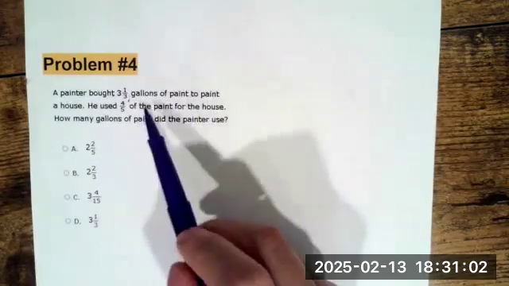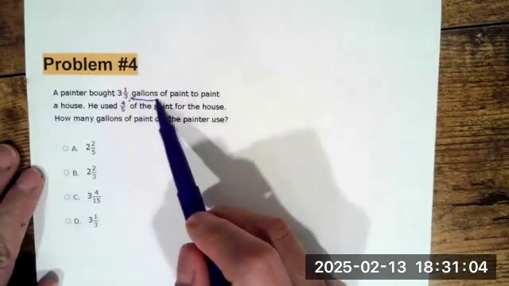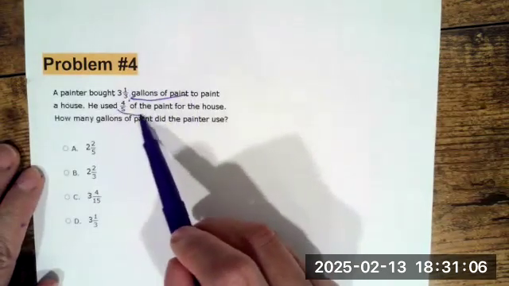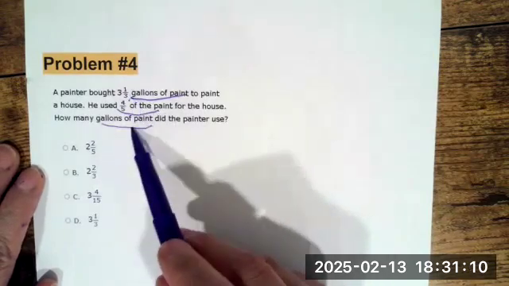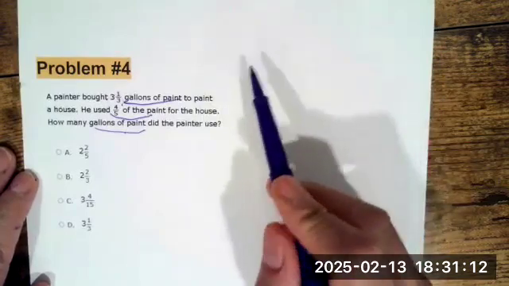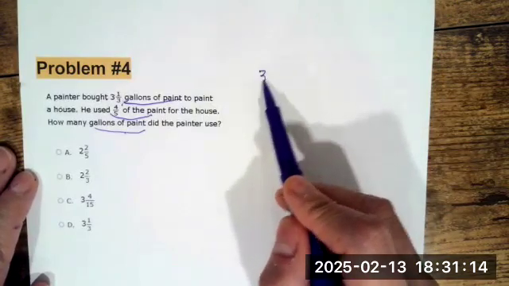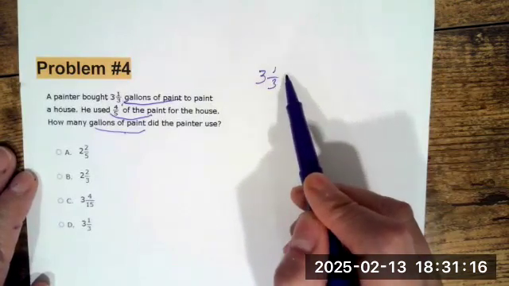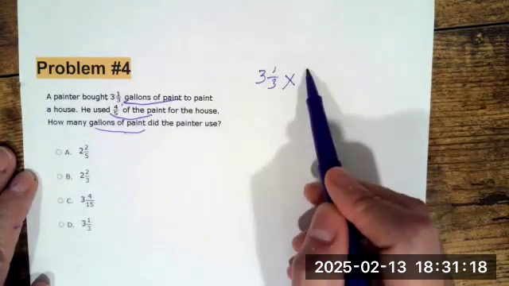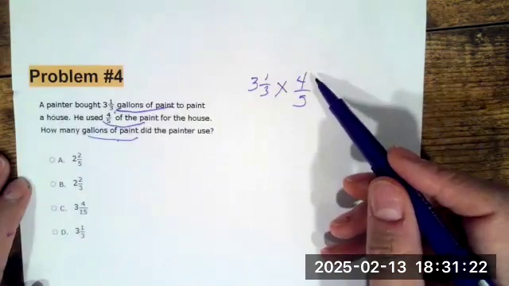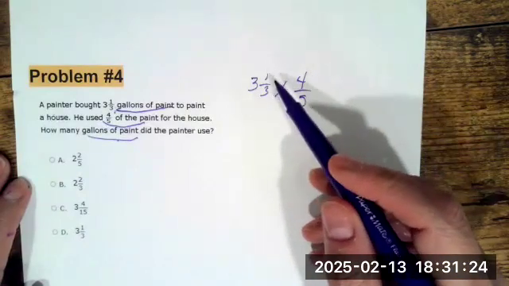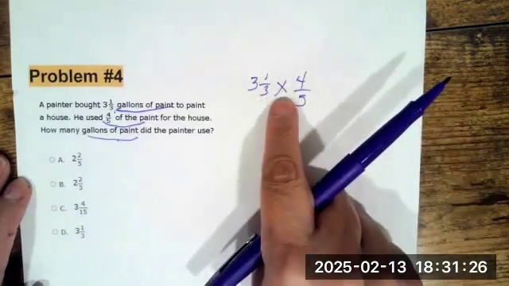I was not paying attention because of the word paint. That's telling me it's kind of like saying the painter used 4/5 of the 3 1/3 gallons of paint, so it's actually multiplication.